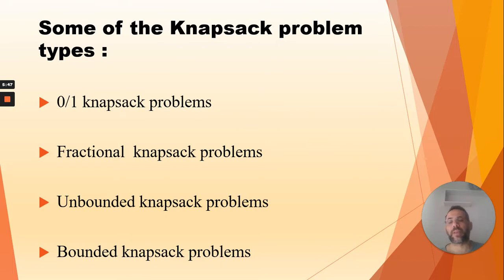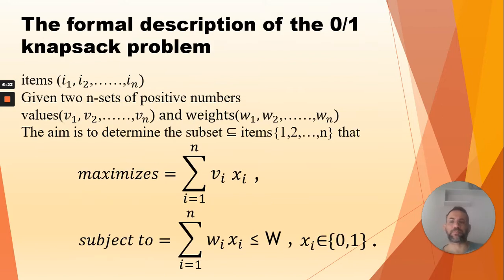In the bounded knapsack problem, there is a limit on the quantity of every item we can take. This is the main difference between the unbounded and bounded knapsack problems. But we have to point out an important thing: the 0-1 knapsack problem is considered the root of all these types of the knapsack problem, and it is considered the classical problem for the knapsack problem.